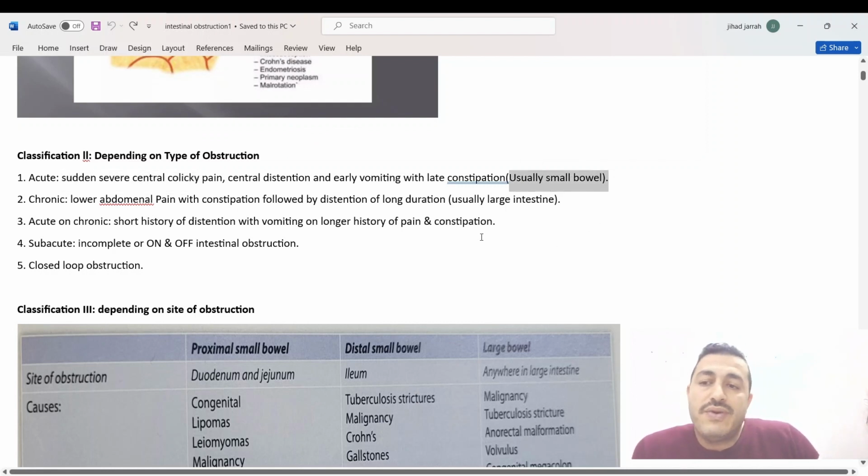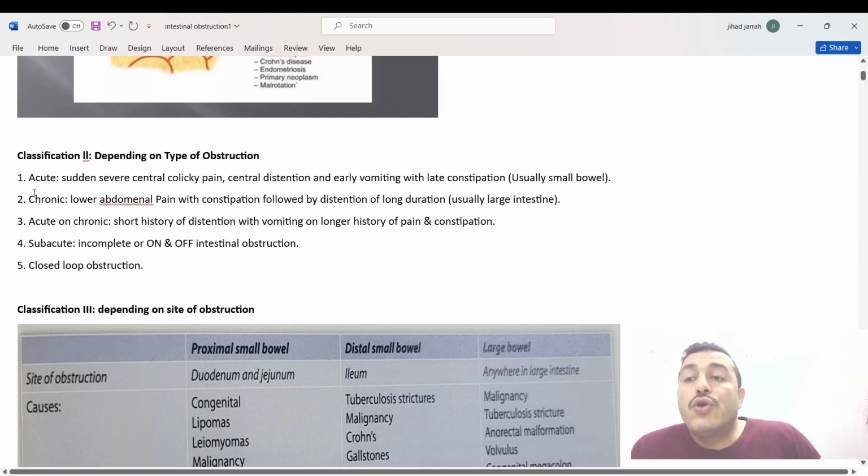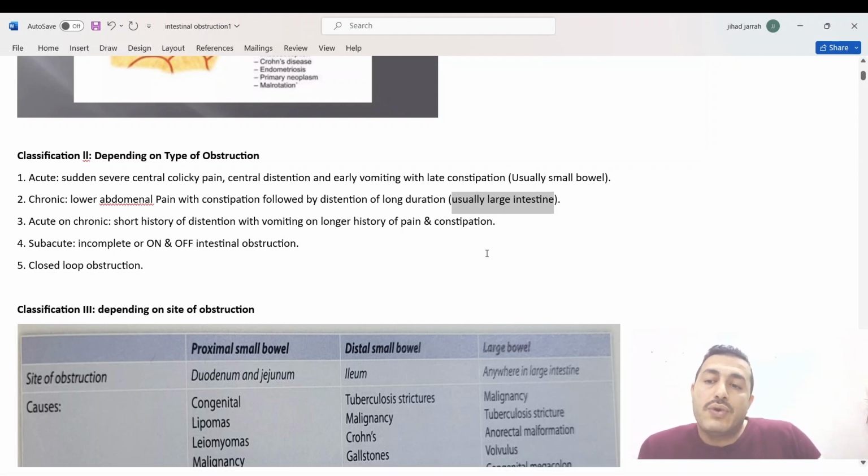Constipation in this case is usually late, while chronic obstruction comes with mild abdominal pain, constipation, and distension, and this is a picture of large bowel obstruction. So small bowel is more likely to be acute, large bowel more likely to be chronic.